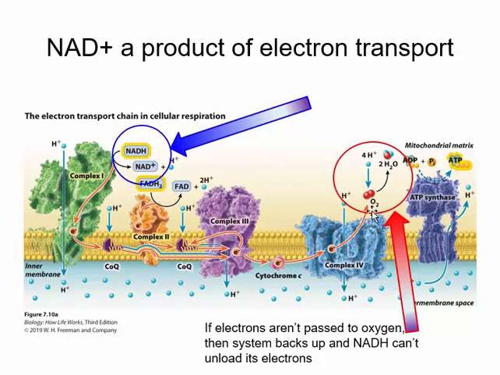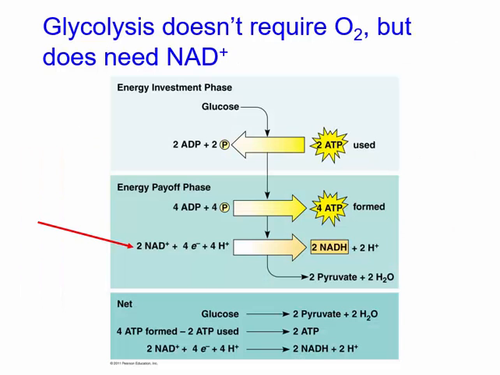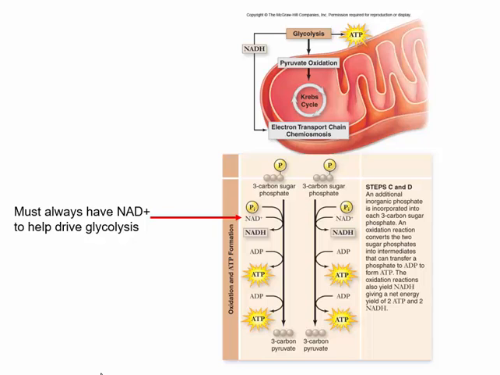But with no oxygen, this all backs up, and then NADH cannot pass off its electrons, and you do not get NAD+. So you're stuck with a bunch of reduced NADH, carrying its electrons. And again, you need NAD+. You don't need oxygen, but you need NAD+ for this to work.